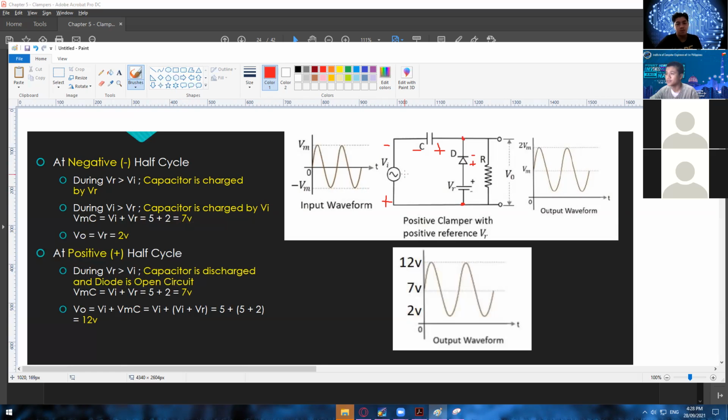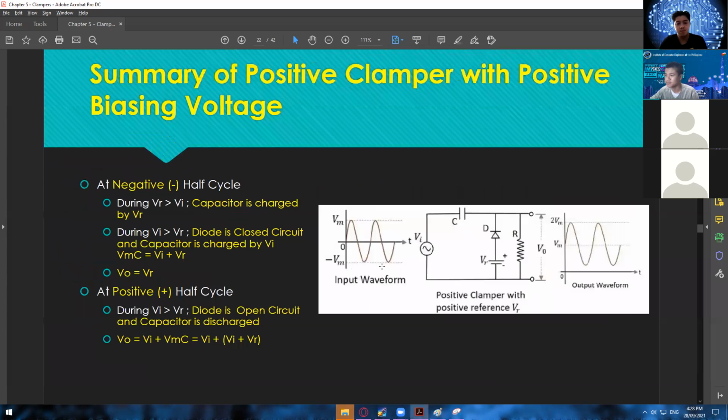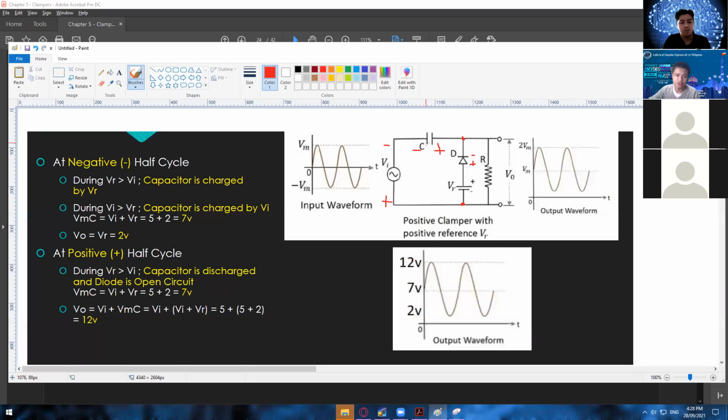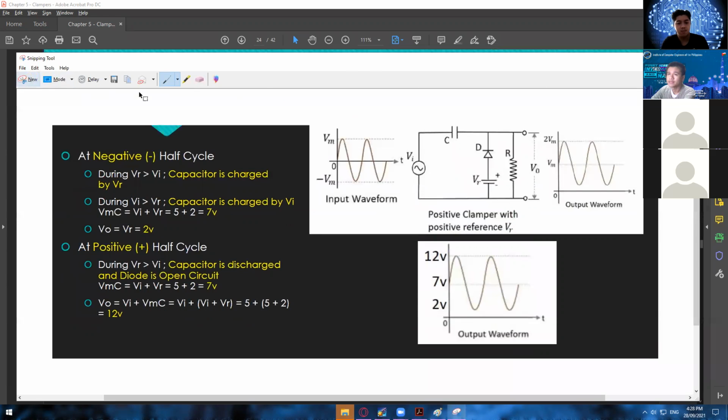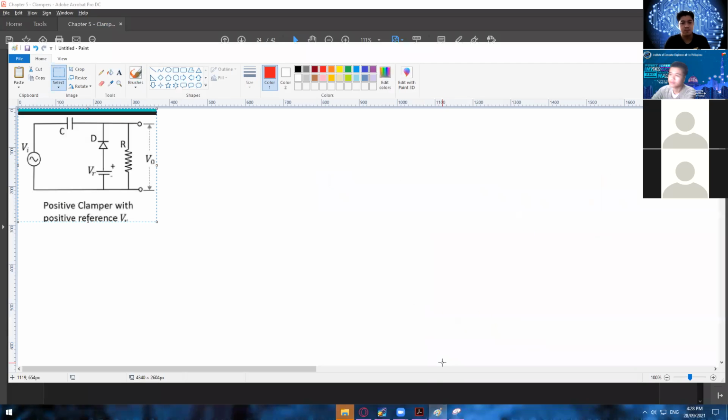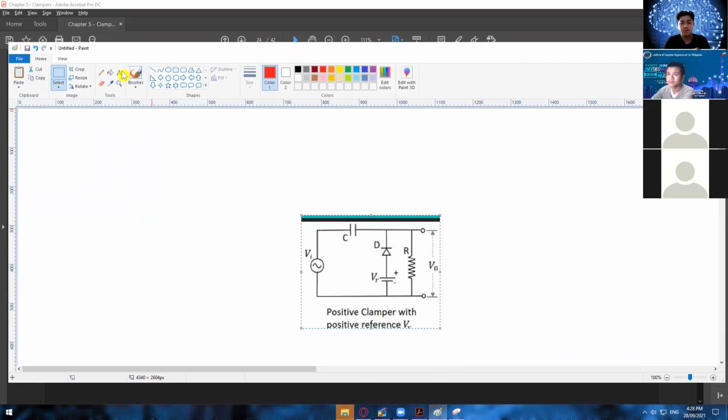Okay, so one more thing that I forgot to discuss on this part right here is that this one can be charged by 2 voltages. I missed explaining why this is 7 volts. Okay, so let me just get this one for now. Forget that one.